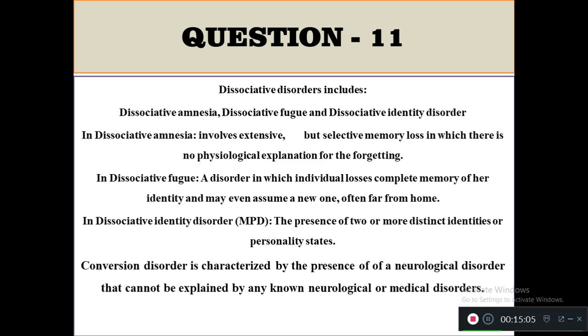In dissociative identity disorder, also called multiple personality disorder, two or more distinct identities or personality states are present. Conversion disorder is characterized by the presence of neurological symptoms that cannot be explained by any known neurological or medical disorders. Hence, the answer dissociative fugue is right.